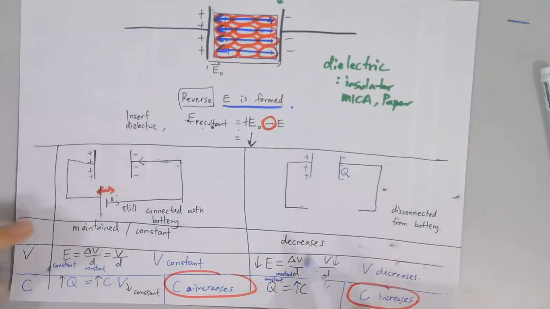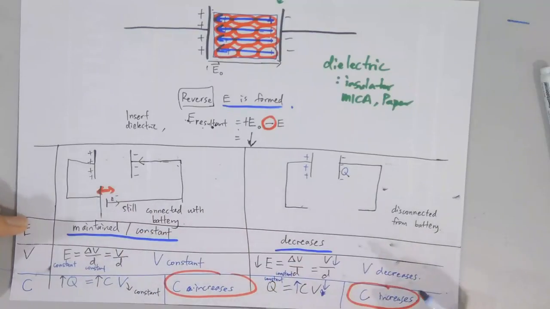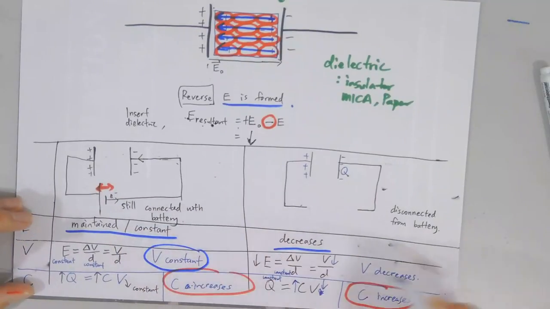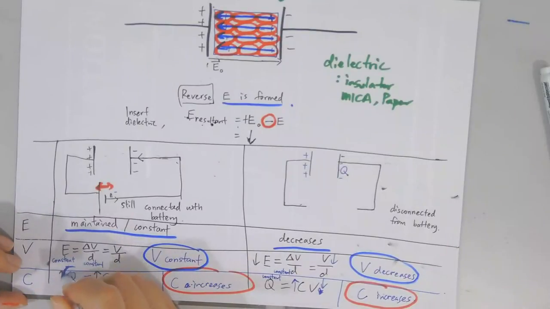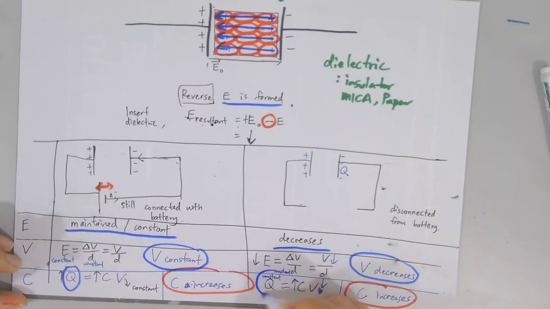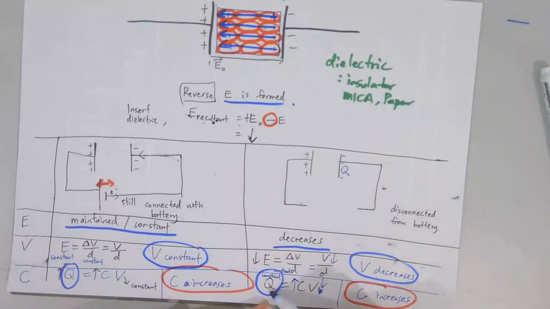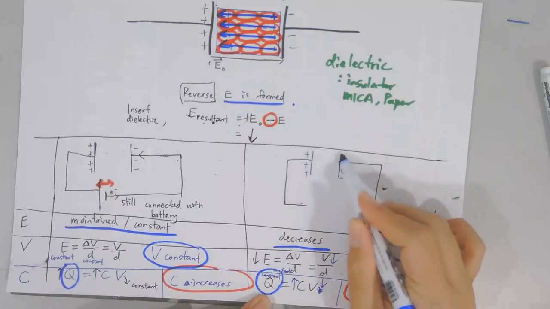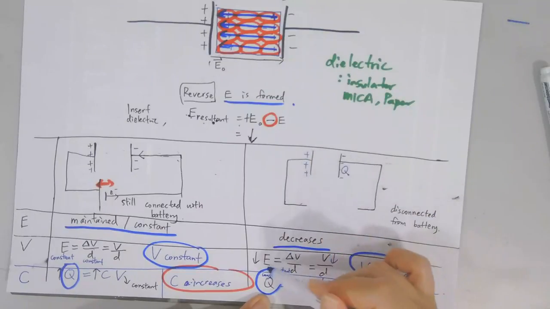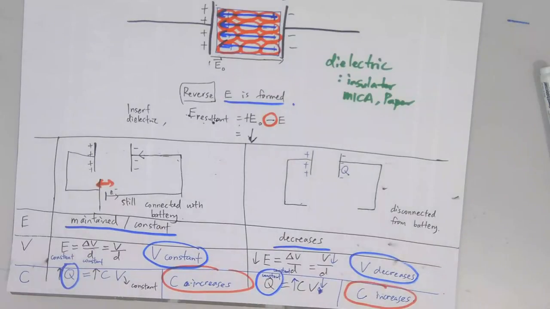Jadi untuk kedua-dua case ini dari segi electric field berbeza, dari segi potential difference berbeza, dari segi apa yang berlaku kepada Q pun berbeza. Untuk Q, ingat kalau bateri tidak lagi bersambungan dengan kapasitor, you should remember your Q actually is a constant. Alright, that's all for this video.